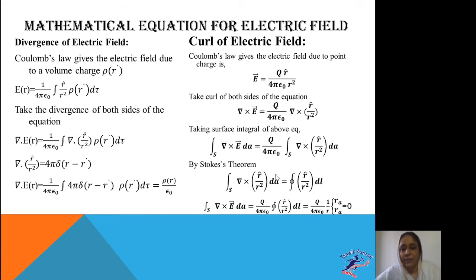Now when we apply this, we find that the integration over a closed surface of del cross E dA is equal to q by 4 pi epsilon naught times the integration over a closed line of r cap divided by r square dl. Now this integration results in 1 upon r.